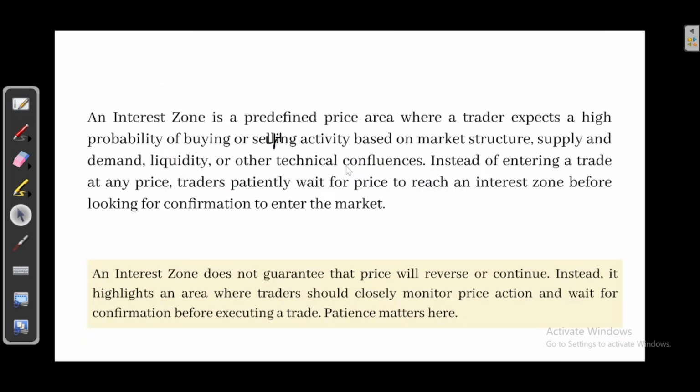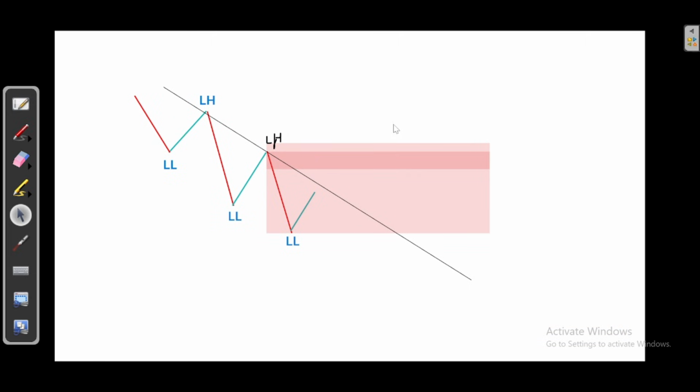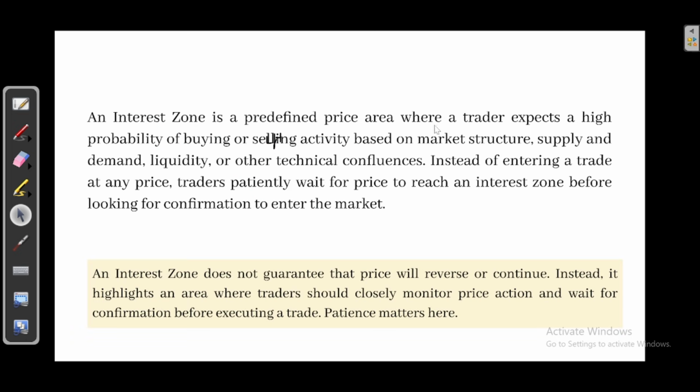So what is interest zone? Interest zone is a predefined price area. Can you see? Predefined price area where a trader expects a high probability of buying and or selling activities based on the market structure. Notice, based on the market structure. It is the market structure that will determine what you want to do in the market.